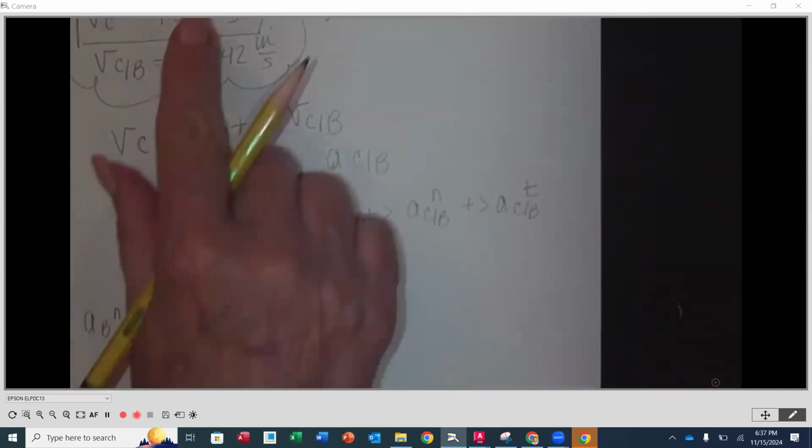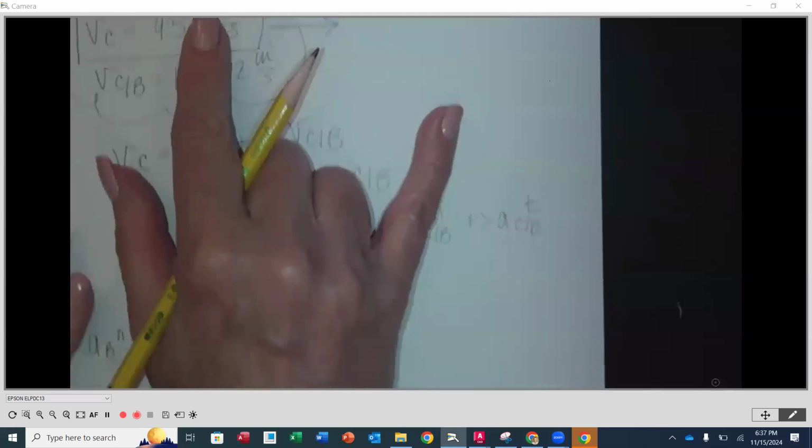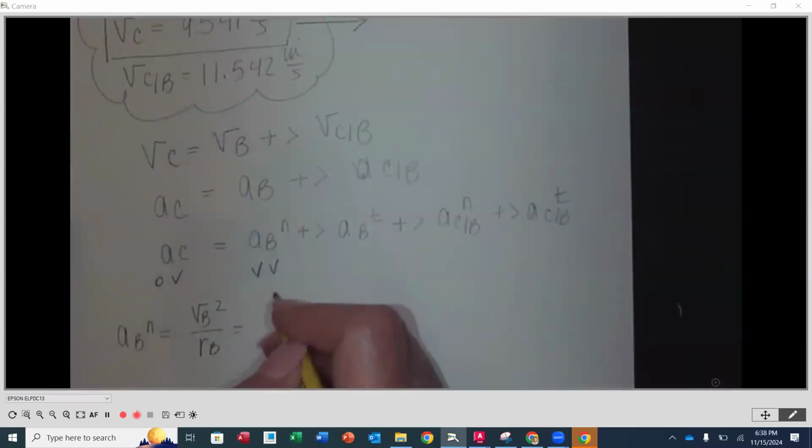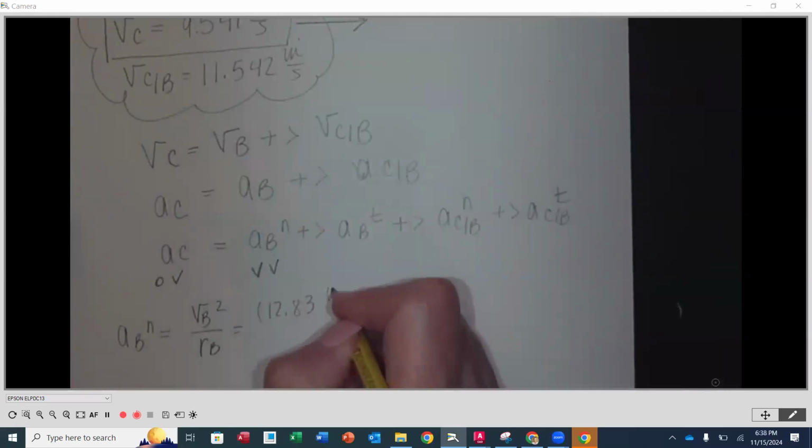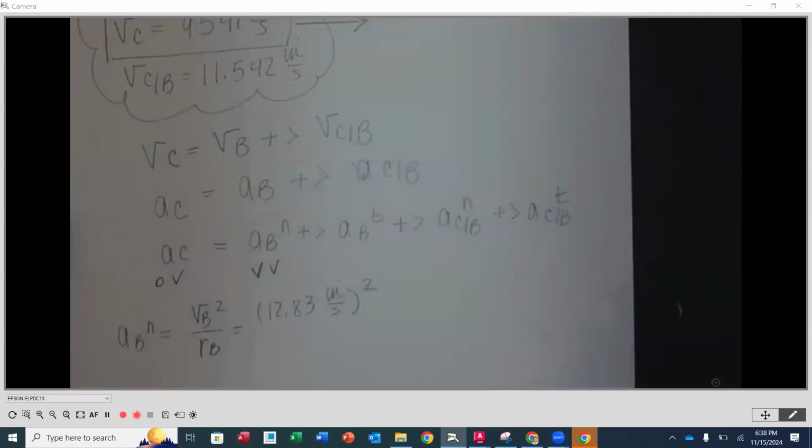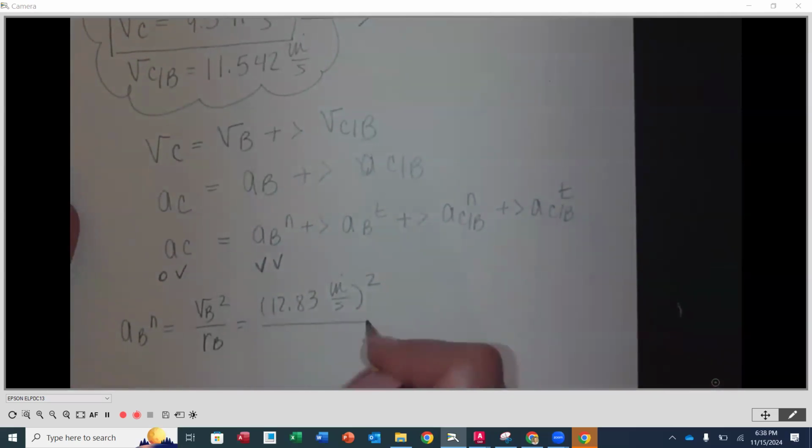So we know that the magnitude of the velocity at B was right up here, 12.83 inches per second. So 12.83 inches per second, and then we're going to square that full value and units divided by the radius, or the length of link number 2, which is 1.75 inches. This is going to square and square, so it gets rid of that one, gets rid of that one.